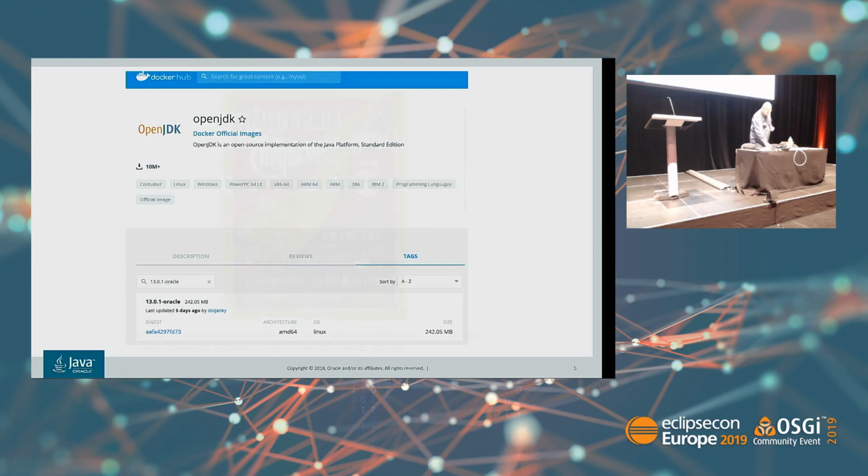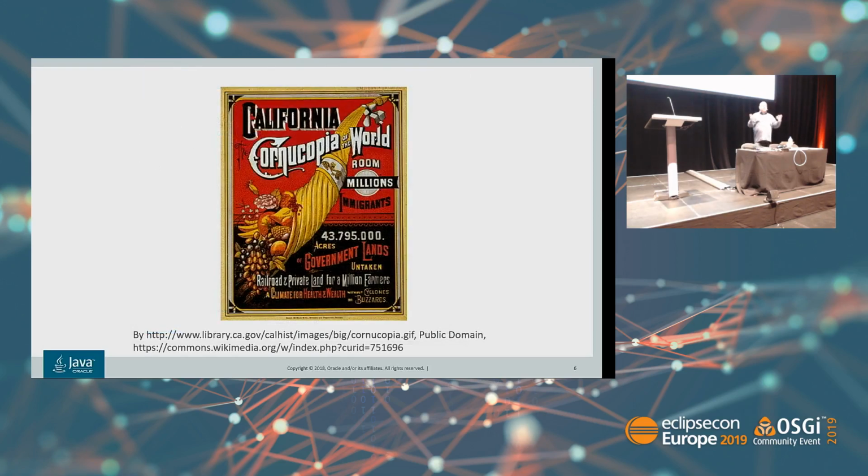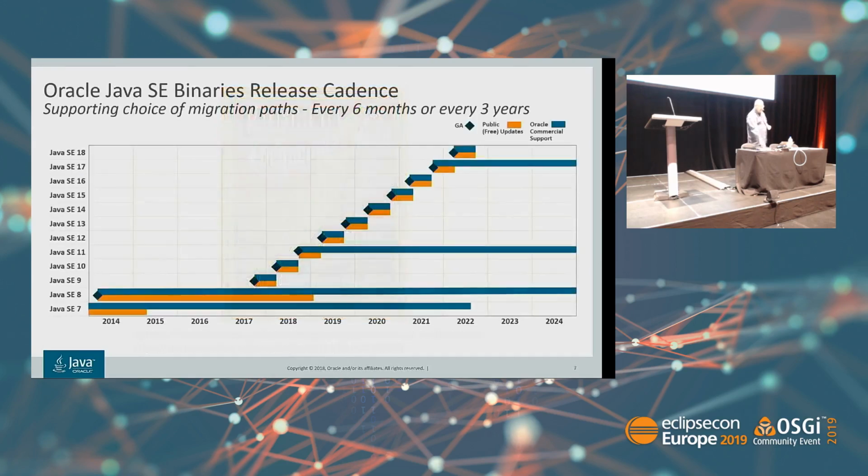So in that sense, you have a cornucopia now of options to get your JDKs as you move forward in this faster cadence, both as an Oracle customer, but also as a regular user who wants to just keep on this 6-monthly cadence. And this has been somewhat of a big change in the ecosystem, because the JDK used to take years to come out.